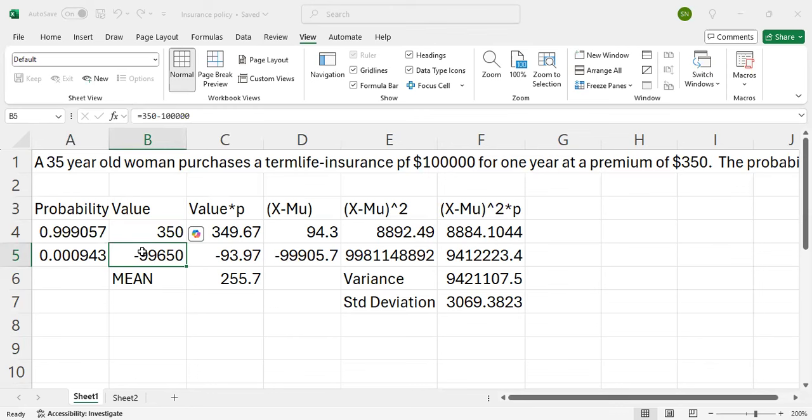So then the net loss in that case is 100,000 minus 350, which gives the figure 99,650 as the value for that event. You understand where I'm coming from? Since the insurance company had received a premium of $350 at the beginning of the year, that's profit for them.